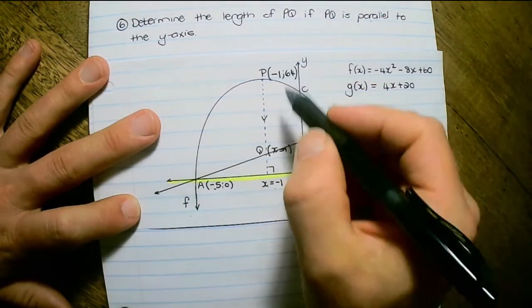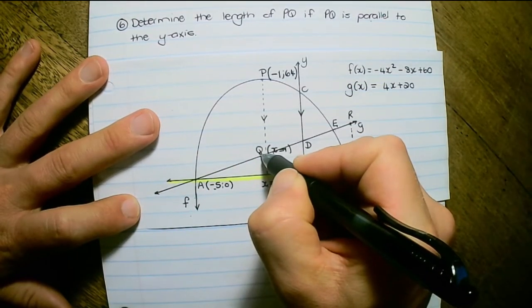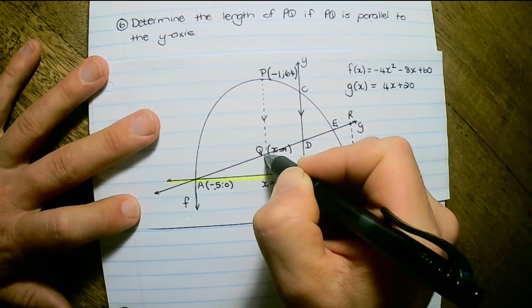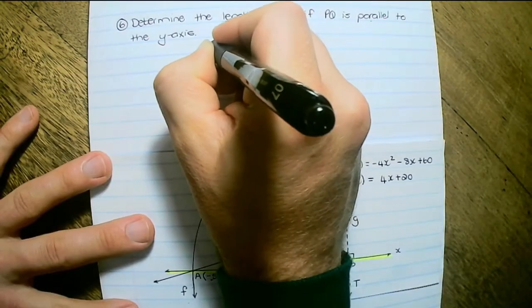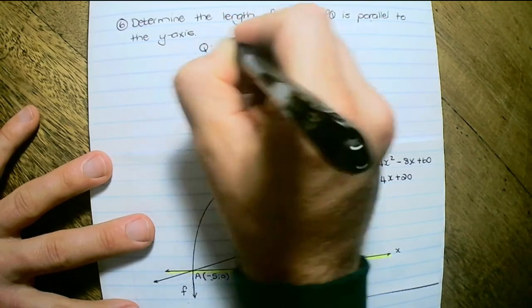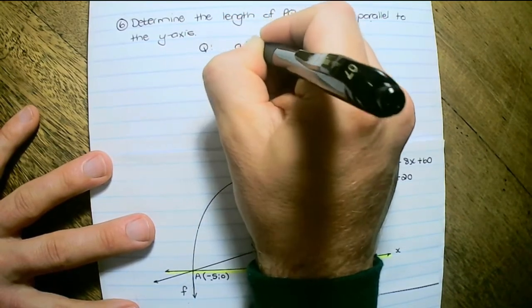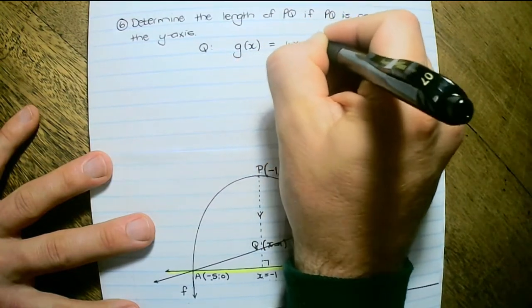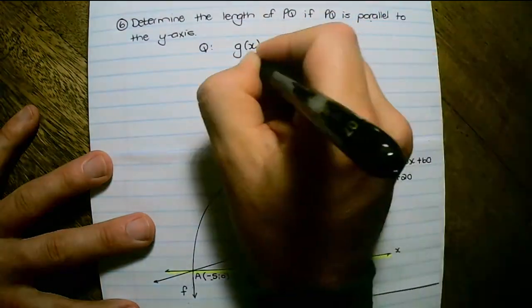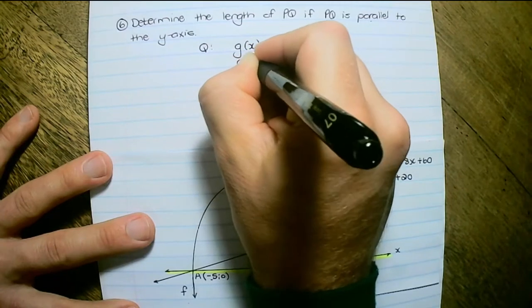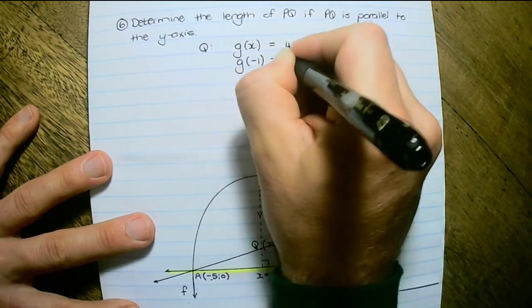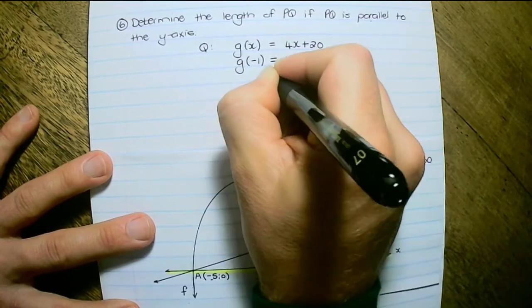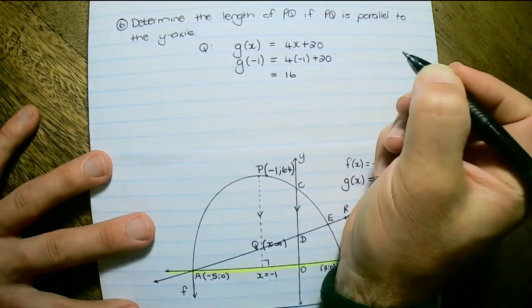And now that I have the x value of Q, I can find the y value of Q. So Q is on the line g(x), which is 4x plus 20. And the y value of Q is where x is equal to negative 1. So that is equal to 16.